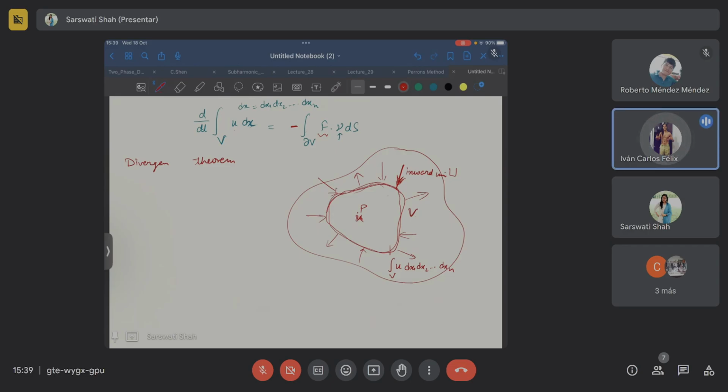The integral of the divergence, well, nabla dot the field integrated over the volume is equal to the integral over the boundary of a volume, that's a surface. That's a closed surface integral of the field F dot the differential area vector.